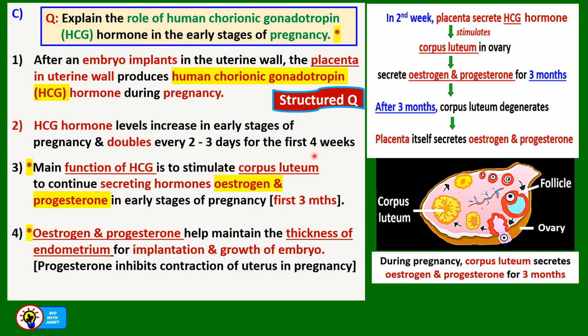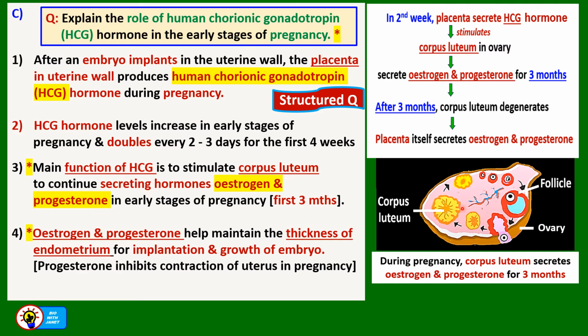It doubles every 2 to 3 days for the first 4 weeks of pregnancy. Now, what's the function of the HCG? The main function of HCG is to stimulate the structure called the corpus luteum in the ovary to continue secreting two hormones, estrogen and progesterone, in the early stages of pregnancy. That means the first 3 months of pregnancy.